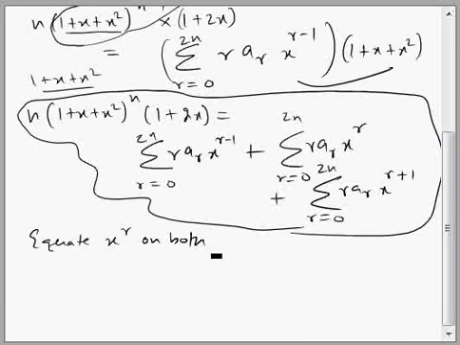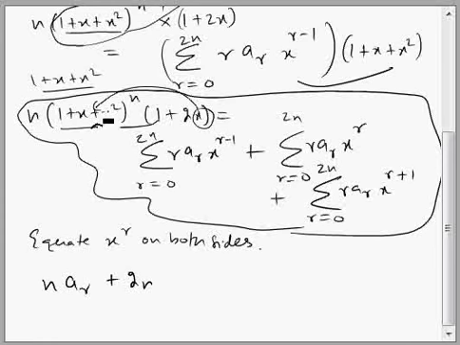From this side we get x to the power r: n into x to the power r from here, that is ar, and then plus 2n. 1x is already there. From this we find x to the power r minus 1, so that the product is x to the power r, so it is ar minus 1. Similarly, you'll find the appropriate coefficients here. So you can complete this yourself now.